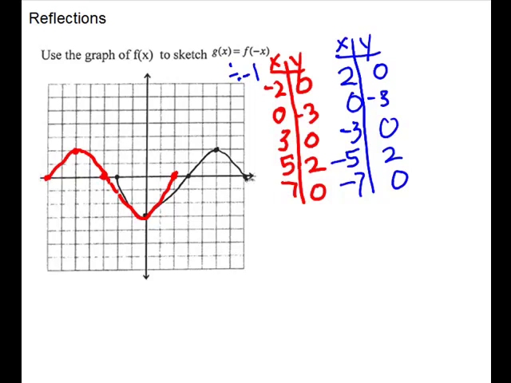So let's check. These should be our new graph, right? So 2, 0, that one is on here. 0, -3 is on here. -3, 0 is on here. -5, 2, and -7, 0. So you could do it by the table, or with only one thing to do, you could flip it.